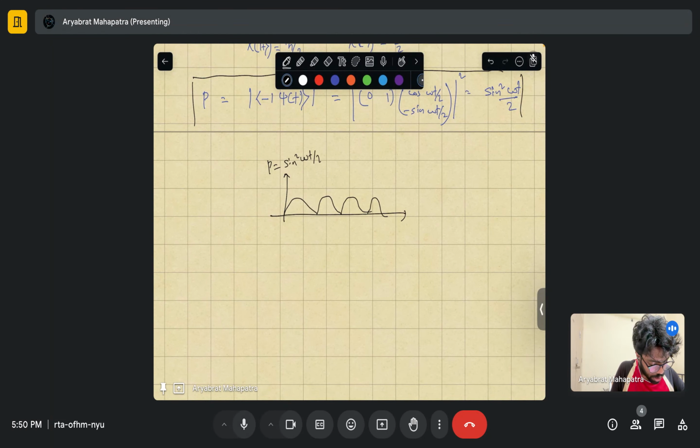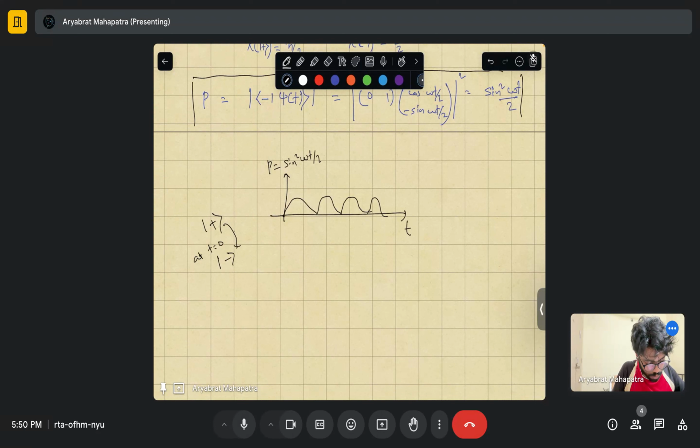So let's say this is your time axis, and you are measuring it initially. Initially the state was plus, so at t equal to 0 there is no chance of getting the minus state.